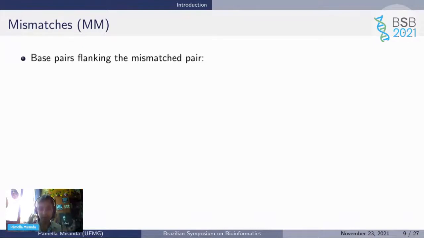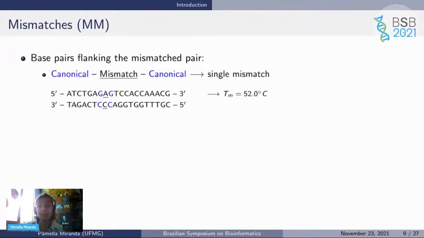One element which affects the behavior of mismatches is their neighborhood. So the base pairs which flank the mismatch base pair on both sides are relevant for studying them. And there are 3 types of neighborhood.